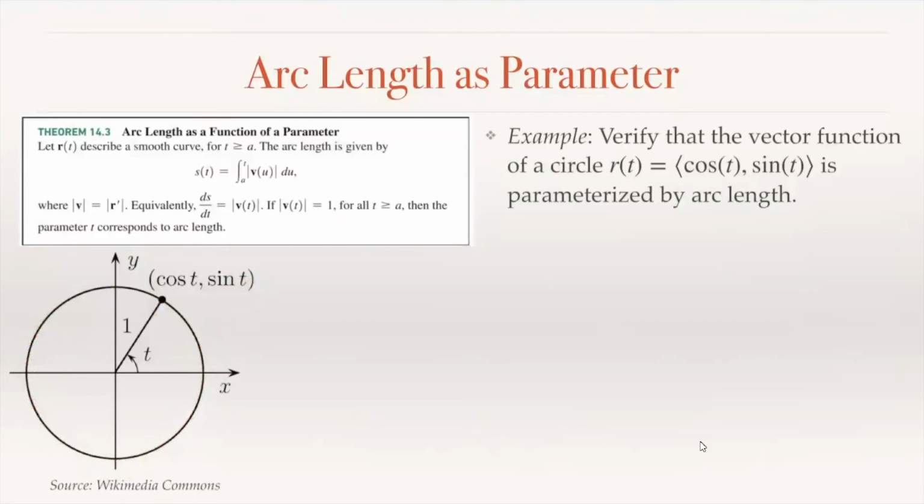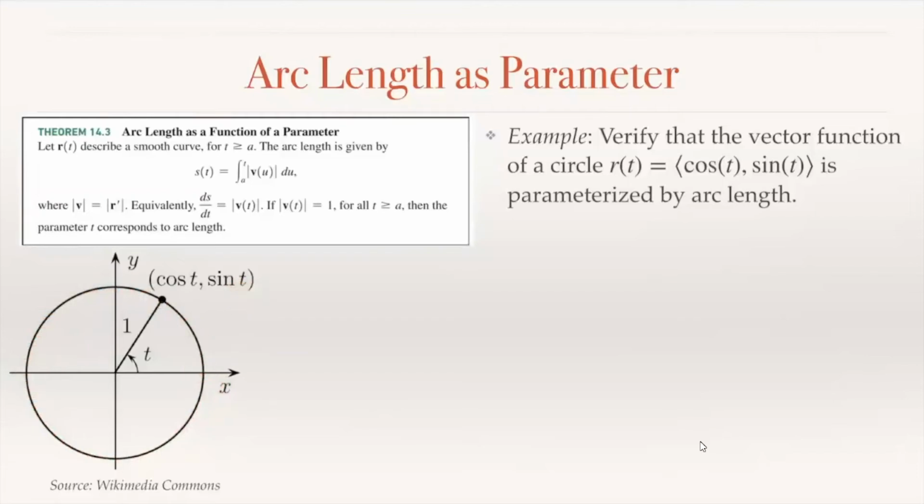So what that means is that t is varying at the same rate as the change in arc length. In other words, we're going around the circle at 1 unit per change in unit of t. So the speed is 1, and the arc length change is the parameter t.